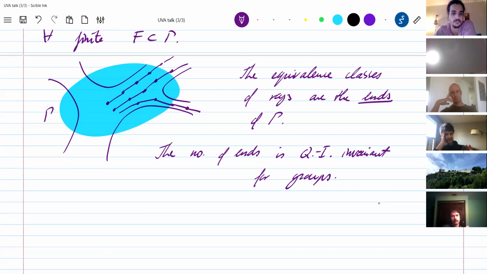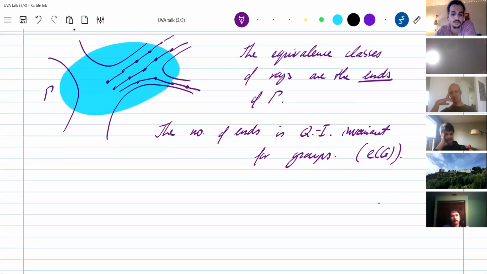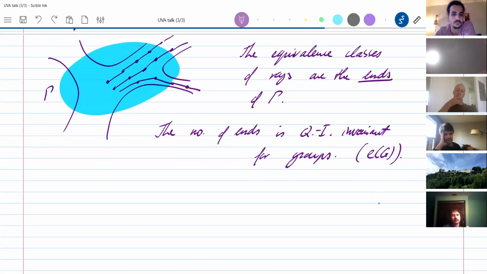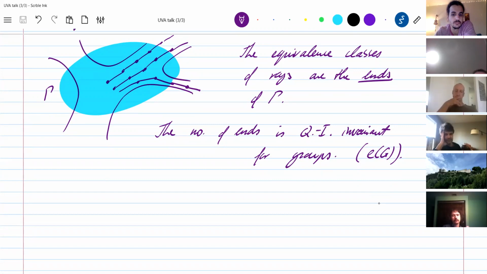So we can just refer to the number of ends of a group, and I'm going to refer to that as e(G). In particular, when we change the generating set for a Cayley graph, this gives us something quasi-isometric, and so the number of ends doesn't depend on the choice of generating set, which is obviously nice.